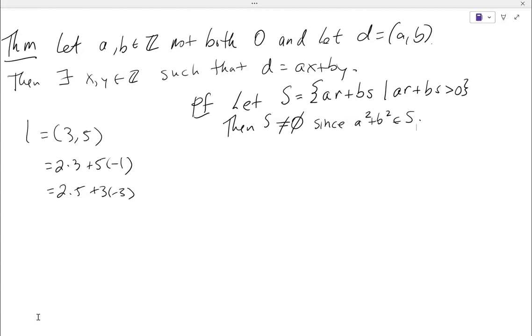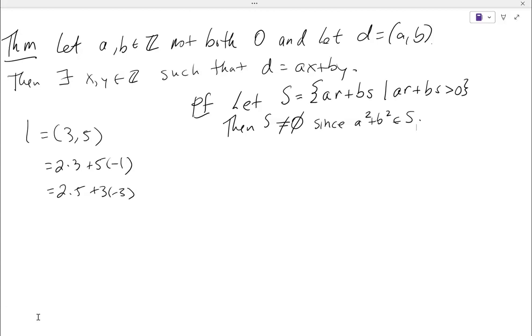So right before we ended class last time, we said that we know that that set's not empty because I can create a linear combination that we can guarantee is positive as long as A and B are not both 0, which is what we're assuming, because I can just use A squared plus B squared. I can use A as R and B as S and do that linear combination.